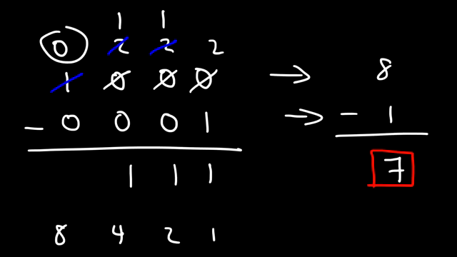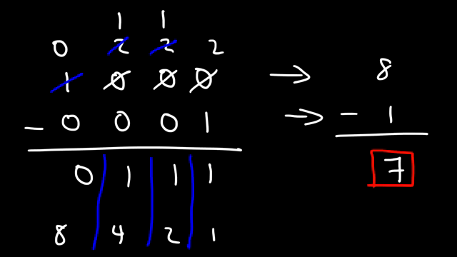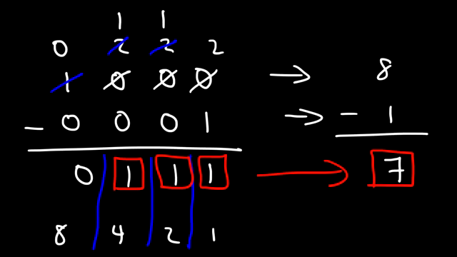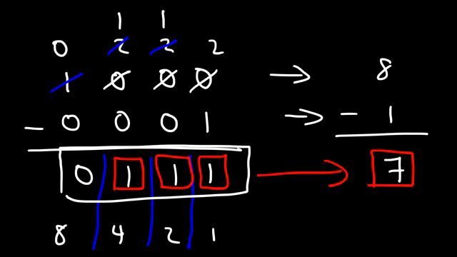And then finally, 0 minus 0 is 0. So we have a 4 plus a 2 plus a 1 that adds up to 7. So now you know the process of subtracting two binary numbers.